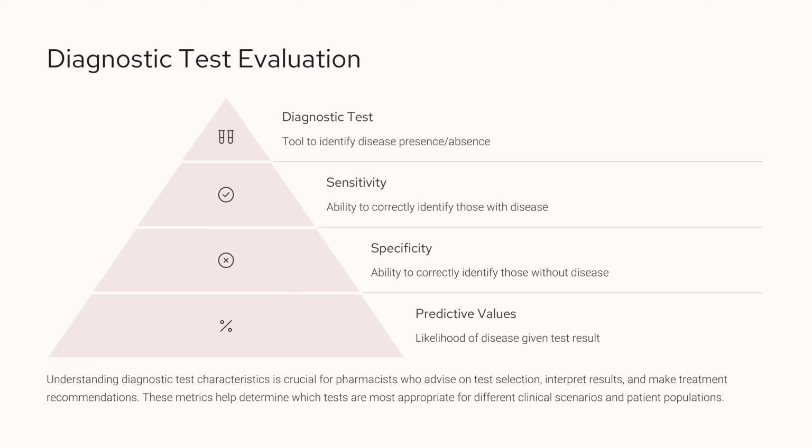Sensitivity refers to the ability to correctly identify those with disease, so a true positive, versus specificity refers to the ability to identify those without disease, so a true negative. Sensitivity, true positivity, specificity, true negativity. And basically you can get predictive values from these measures to give someone the likelihood that they have a disease given their test result.